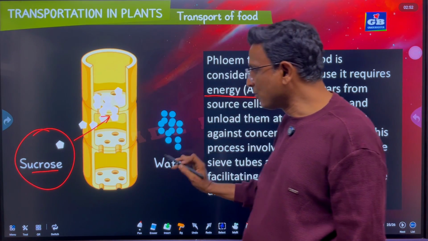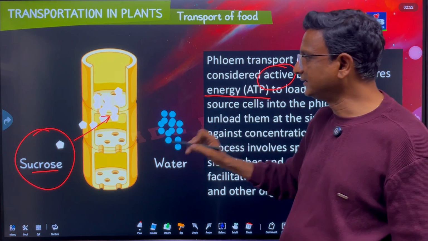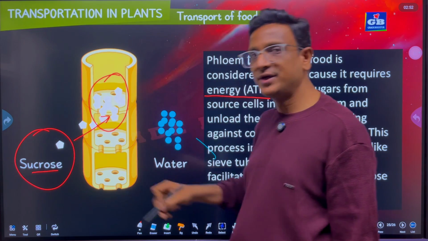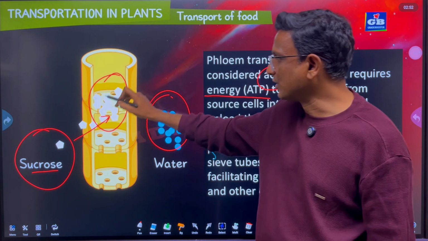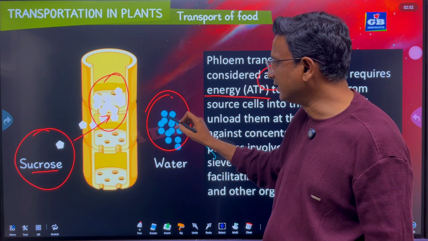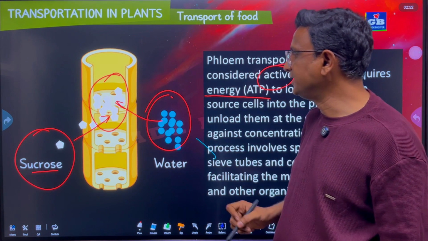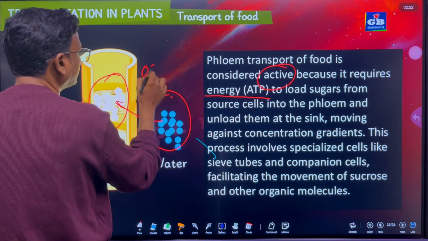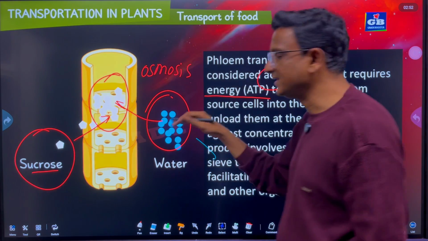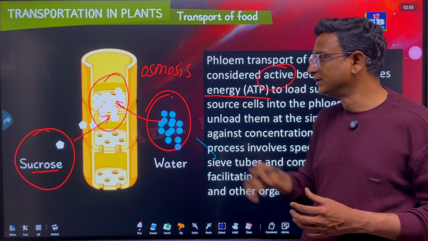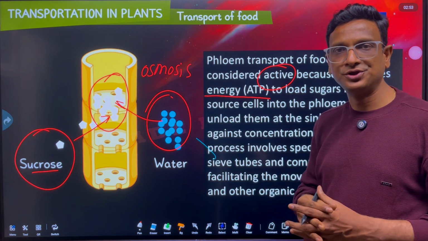Here one more natural phenomenon takes place. When there is a lot of solute here and outside there is a lot of water, the concentration of water is less here and more here. The water molecules enter into this phloem by osmosis, because there is a difference in the concentration of water and solute, right?